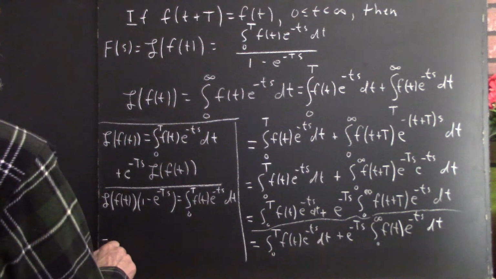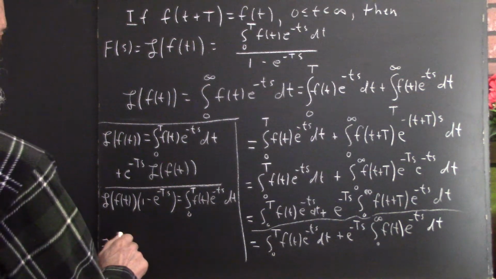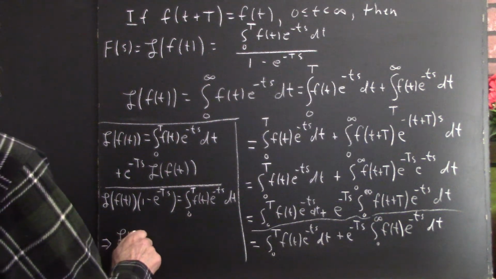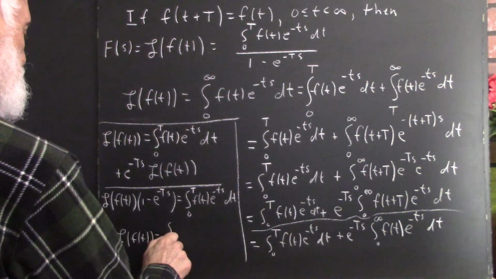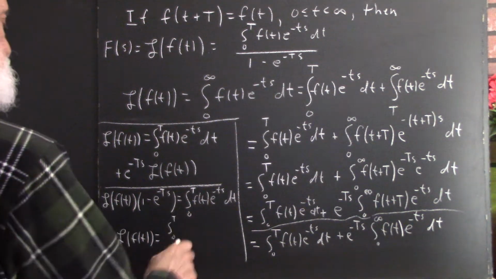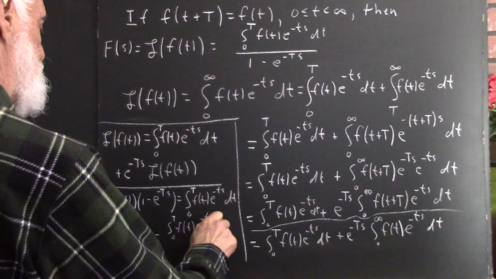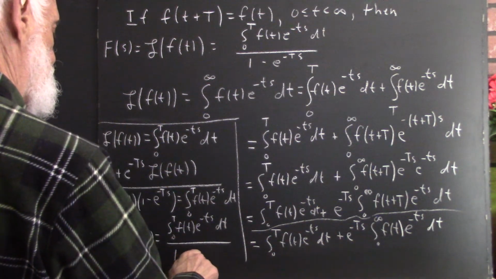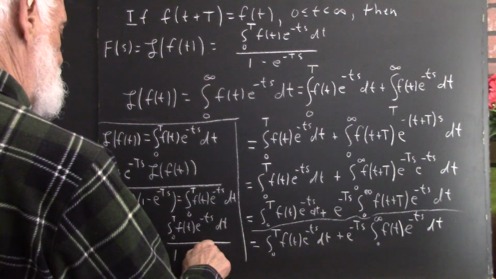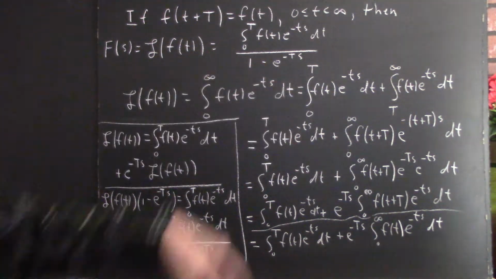And now we get our theorem, because we divide both sides by the 1 minus e to the capital Ts. And there we have it. And we've proven what we set out to prove.